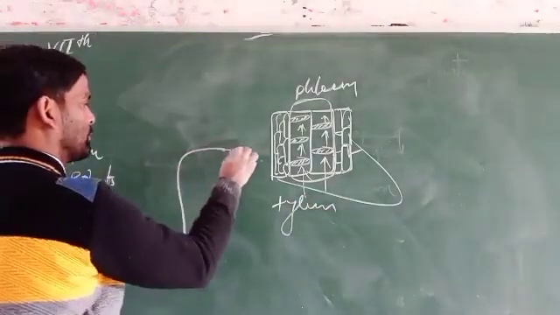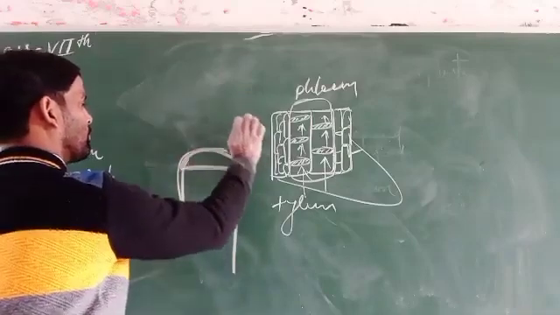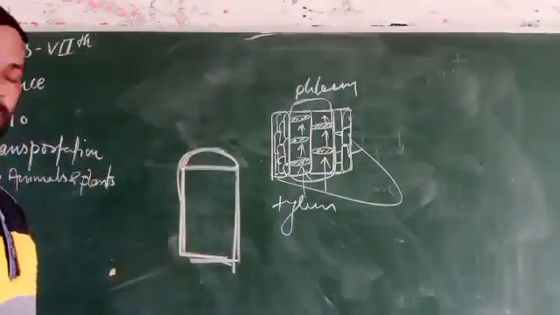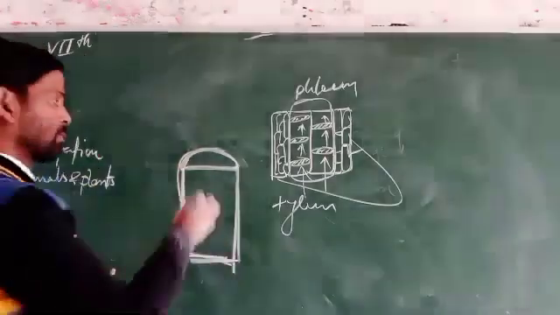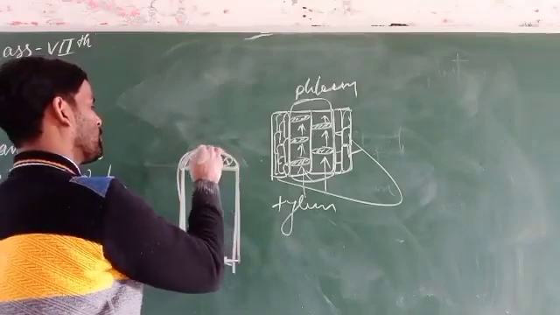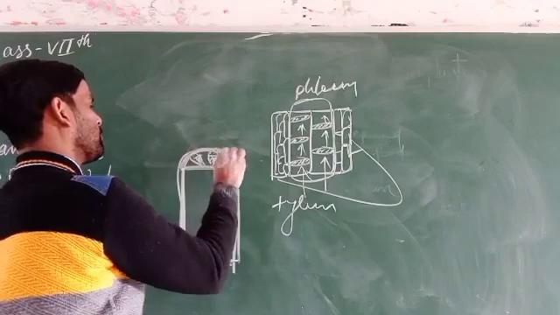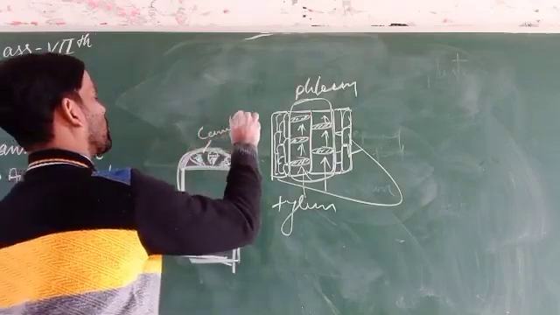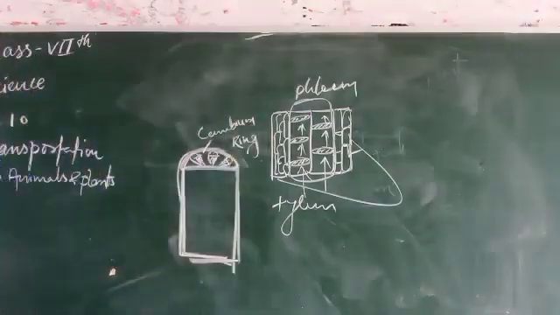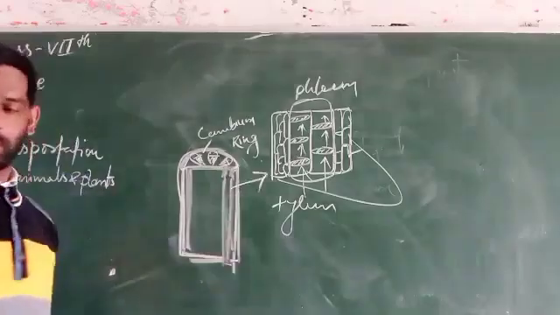We know there is a cambium ring, called the cambium ring. Here is the structure called xylem and phloem.